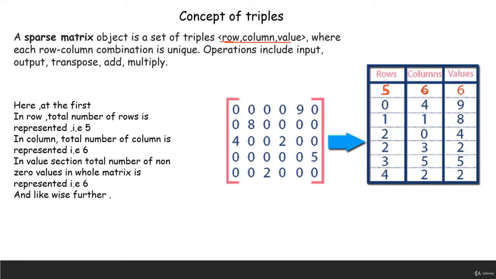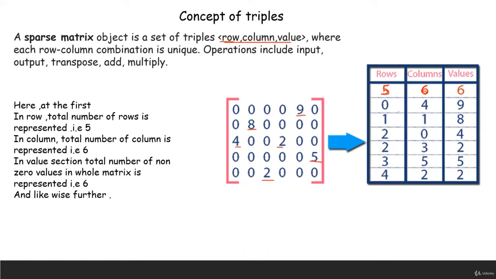And values? Values are the non-zero elements present over there. But at first we are writing, in the value section, the total number of non-zero values in the whole matrix, that is 6. That's why I have taken non-zero values as 6.